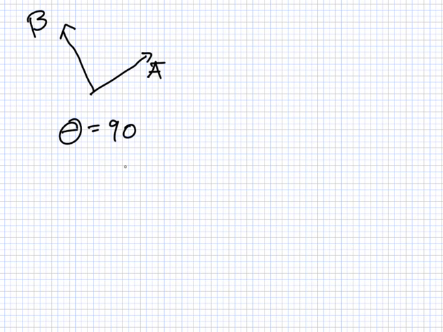So if I have two vectors, often I would like to know if they are perpendicular or not. So that means I want to know if theta equals 90 or not. So I'll put a little question mark here. Then I want to know if cos theta is equal to, what's cos 90?